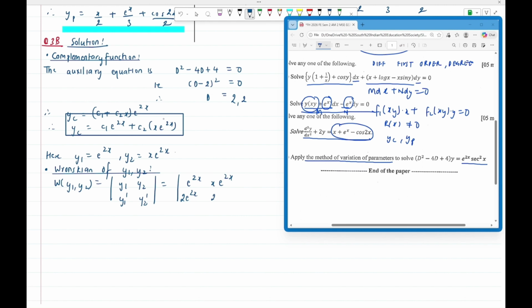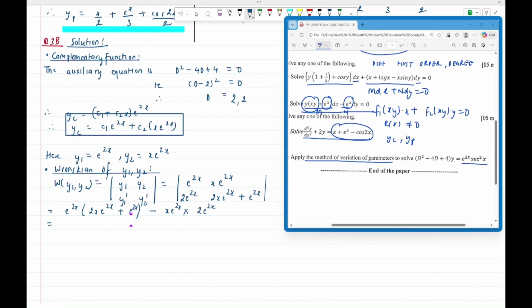So this is going to give us 2x e raised to 2x plus e raised to 2x. Now evaluating the determinant, we get e raised to 2x times 2x e raised to 2x plus e raised to 2x minus, and then taking b into c, we will have x e raised to 2x times 2e raised to 2x.